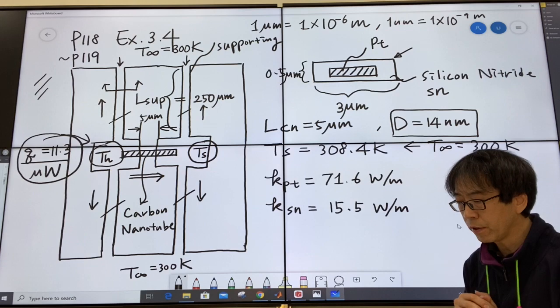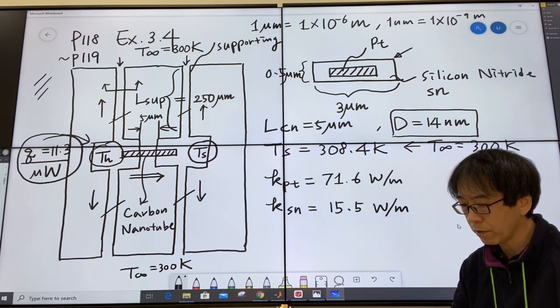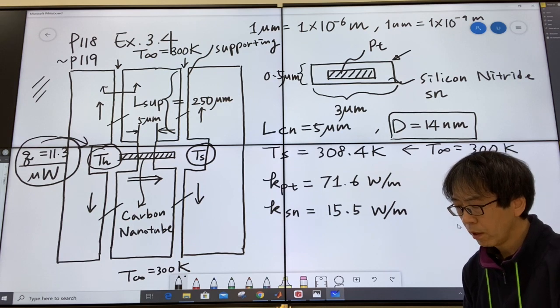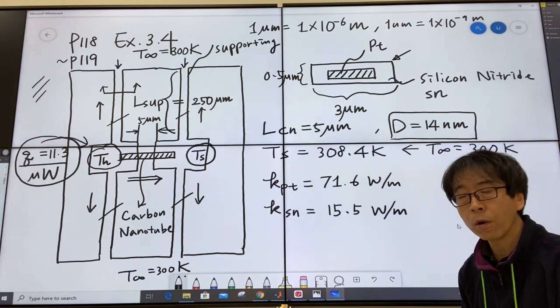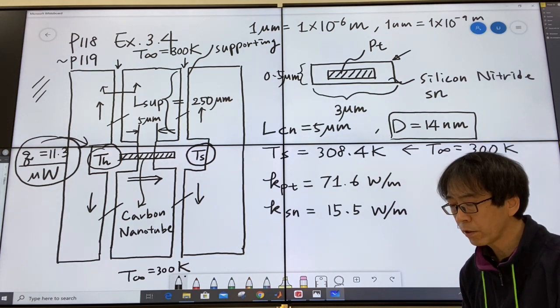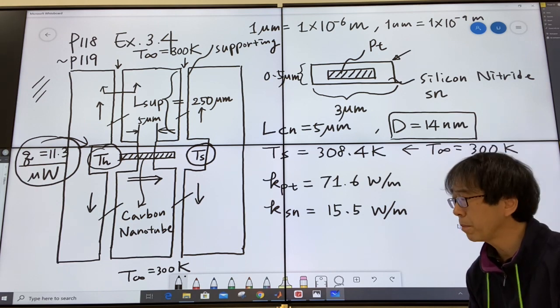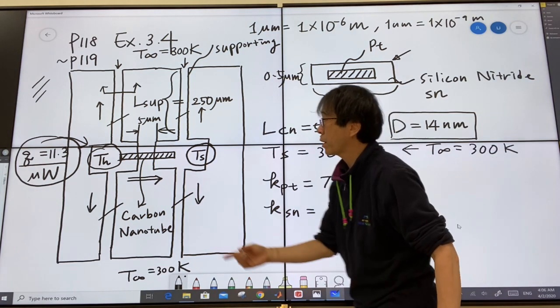These are all given conditions. Well, we probably need to agree upon some kind of assumption. Well, would there be any kind of radiation? Yes, there might be, through this little gap.